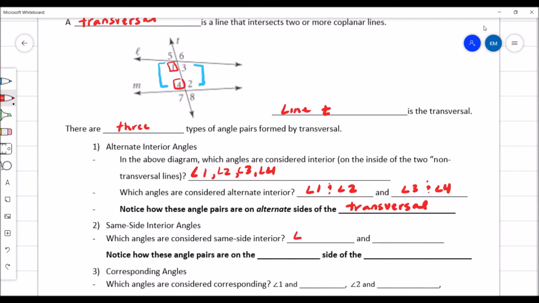They are same side interior angles. And on the opposite side, but still the same side to each other, angle 2 and angle 3. Notice how these angle pairs are on the same side of the transversal.